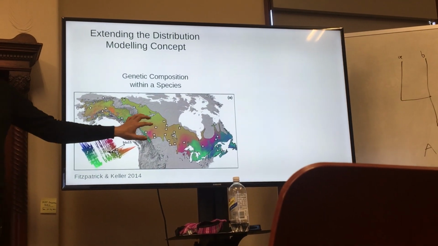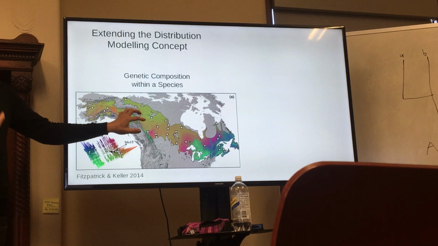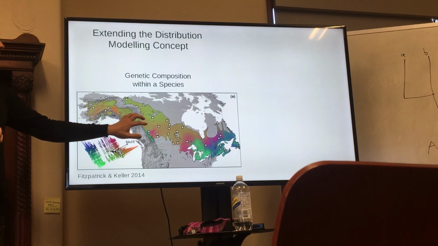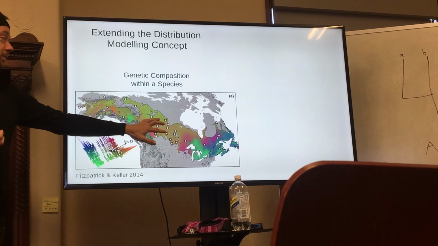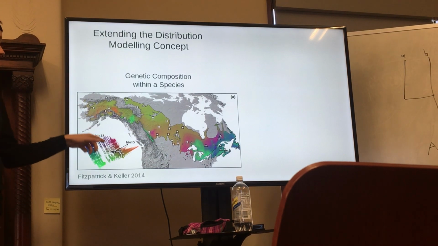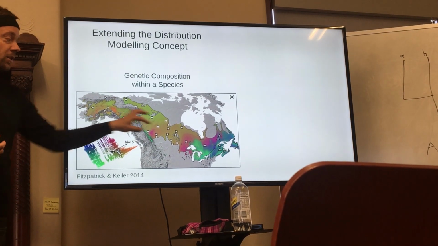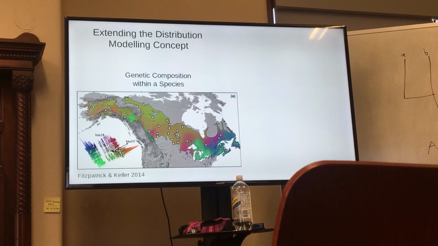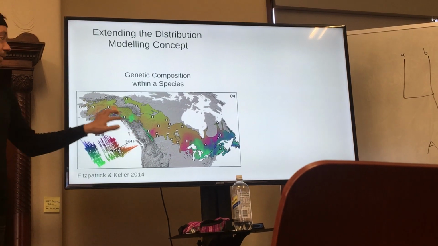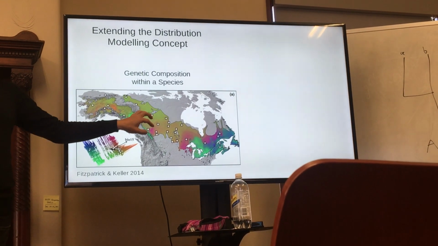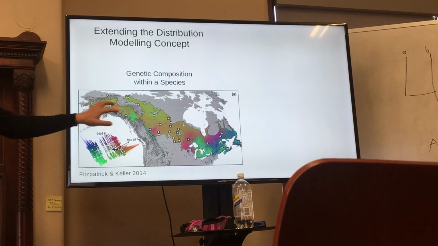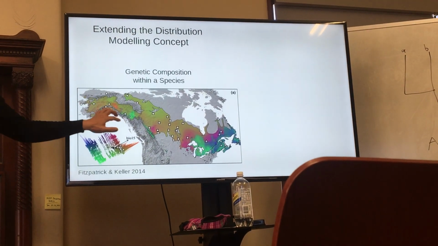So you can extend this concept and do something kind of similar, where instead of looking at occurrences, you look at the genetic diversity within species and correlate it with environmental variables, and then project across the landscape to see which species should have more similar genetic variation to which other species.